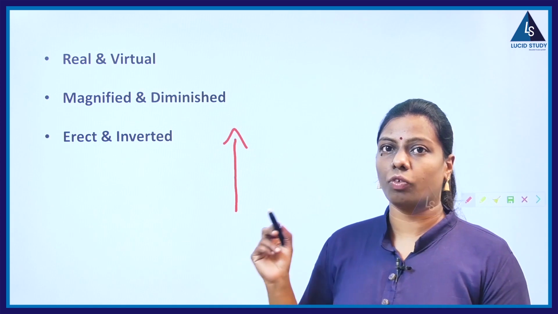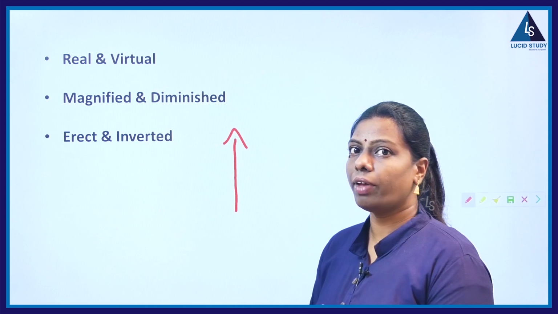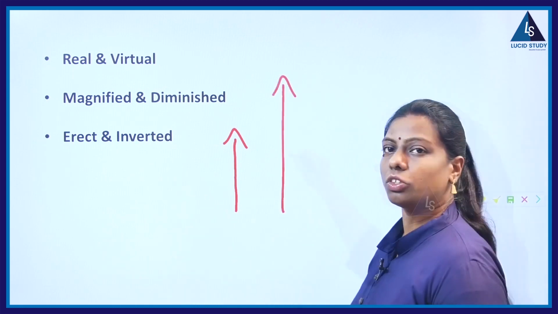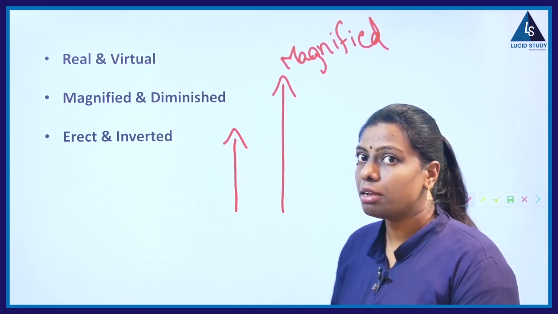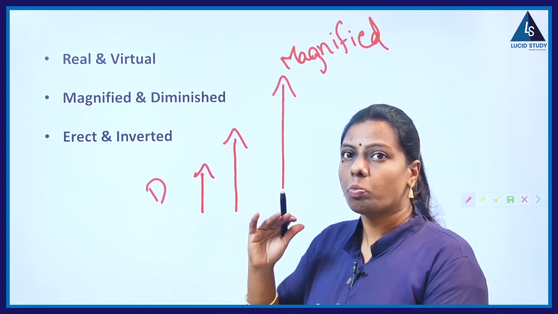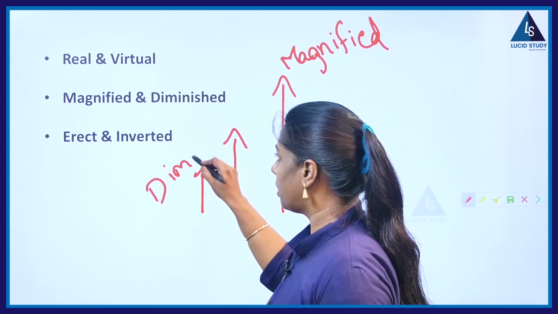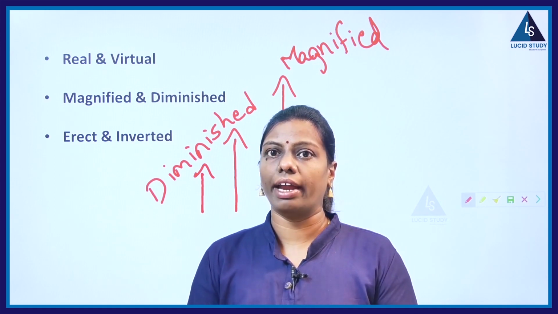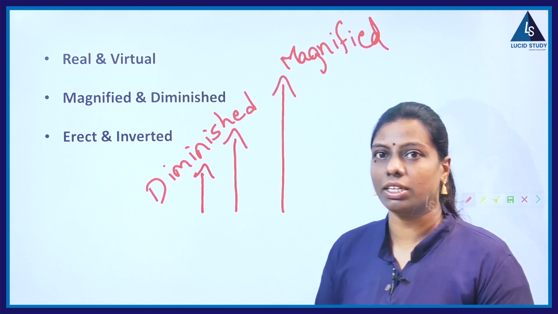This is the size of the object, and here you see the magnified image bigger than the original. This is diminished: the original size of the object is larger, and the image is smaller than the original size. We call it diminished. Greater than the original size is magnified and lesser than the original size is diminished.